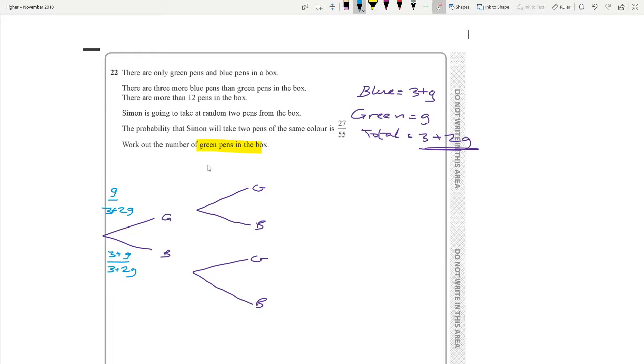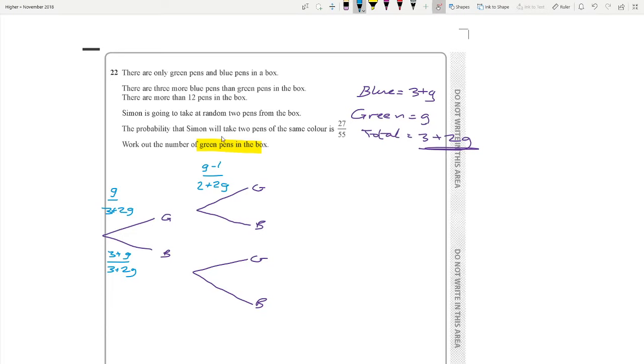So the probability of getting a second green pen is going to be G minus 1 divided by, and now the total number of pens in the box has also gone down by 1 as well. So instead of 3 plus 2G, it's going to be 2 plus 2G. Okay, so that's that one.